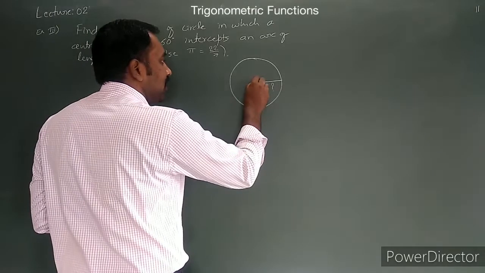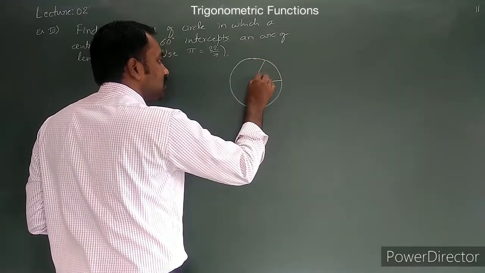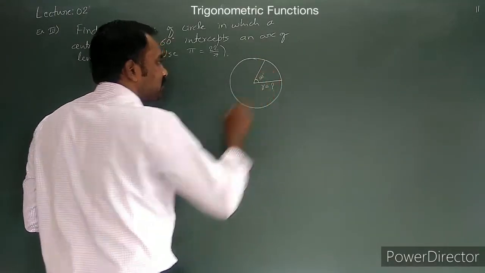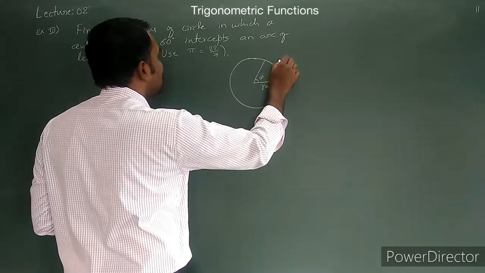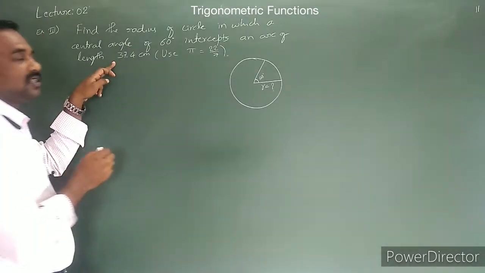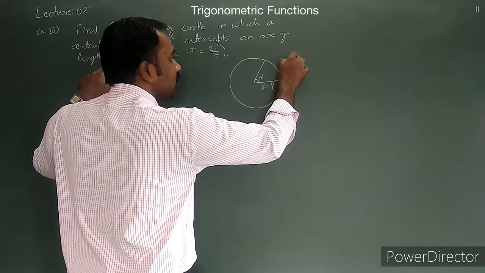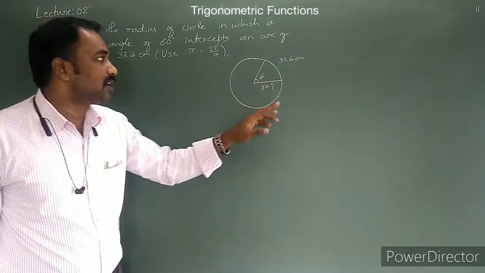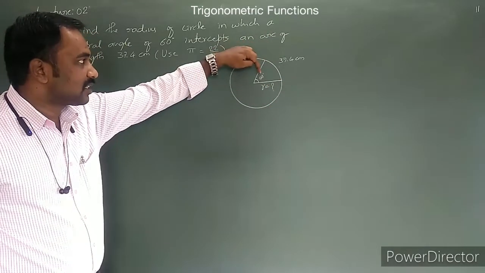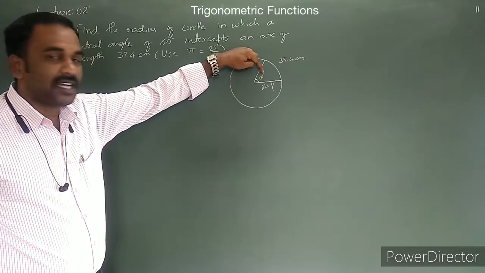Okay. At the center of the circle, the 60 degree angle is subtending an arc, and the arc length they have given. What is the arc length given? Arc length is 37.4 centimeter. Arc length is there, and at the center 60 degrees angle is subtending.